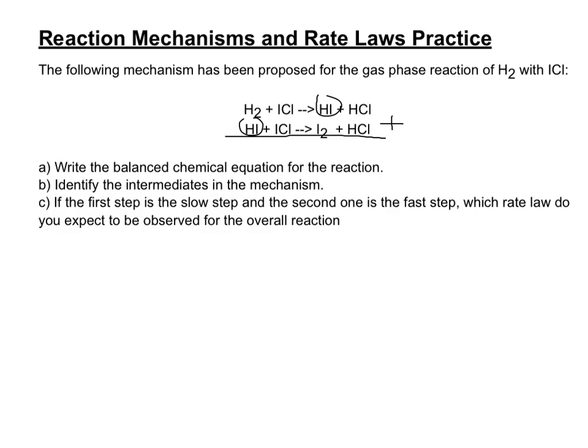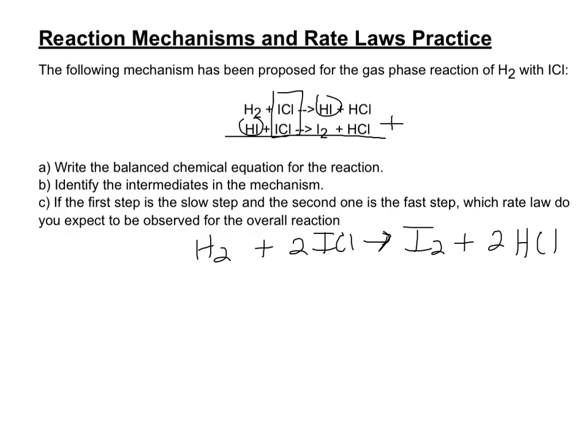With that, for A, we'd get H2 plus 2 ICl producing I2 and 2 HCl. The only thing that is not included is the HI in our reaction because it canceled out. So this would be the answer for letter A.